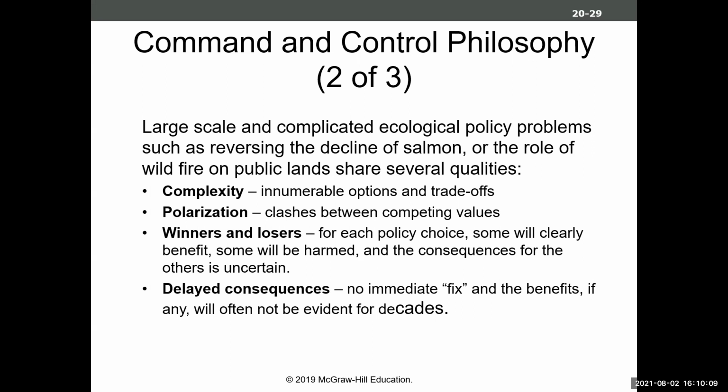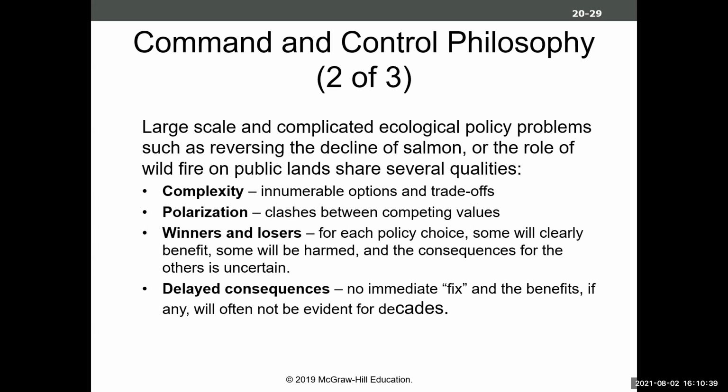So some people will have values on continuing fishing and harvesting the salmon, while others will have values for reducing the harvest so that we can protect that species. And so depending on the policy choice, there are going to be winners and losers on both sides. Some will benefit, some will be harmed, and then some we have no idea what the outcome is going to be. And then there are also delayed consequences.